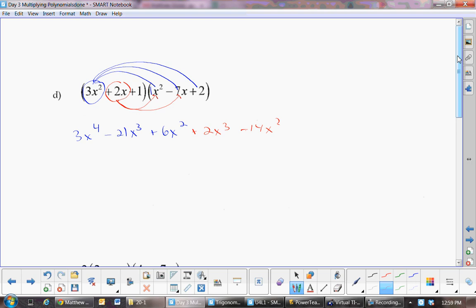Then I will take the 2x and multiply it by 2, which is 4x. Okay? Now I will circle the 1. And then I will do 1 times x squared is x squared. And then 1 times negative 7x will be negative 7x. And then 1 times 2 is 2. Okay, so there's the blue, the red, and then the black.